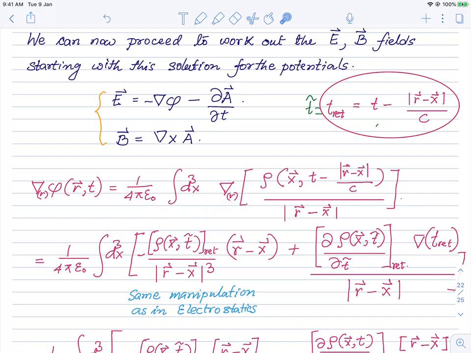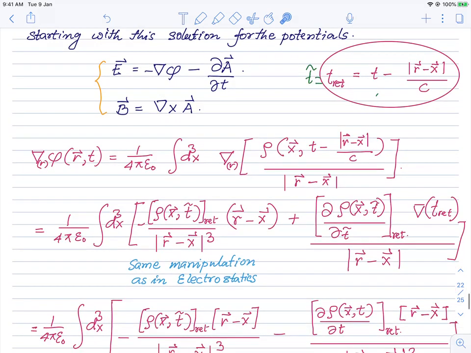As it moves inside the integral, we have two terms here. One is in the numerator, this charge density, and in the denominator we have this distance, where also this r appears. Now this is something we have seen before, right?